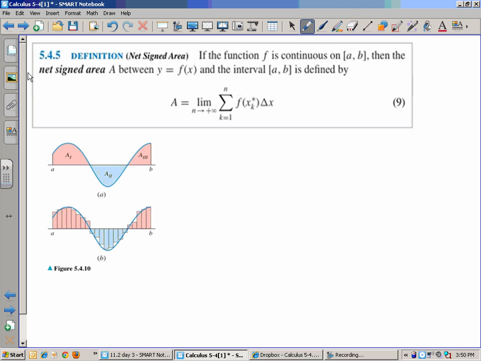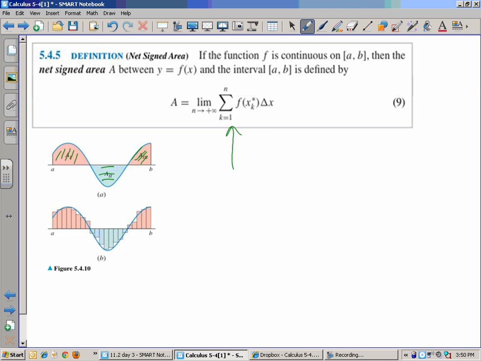Okay, net signed area. If the function is continuous on [a, b], a closed interval, then the net signed area between y equals f of x and the interval is this. So Miss Collins, that's what I was just doing. Notice that this is all positive, this is all positive, and this is negative.